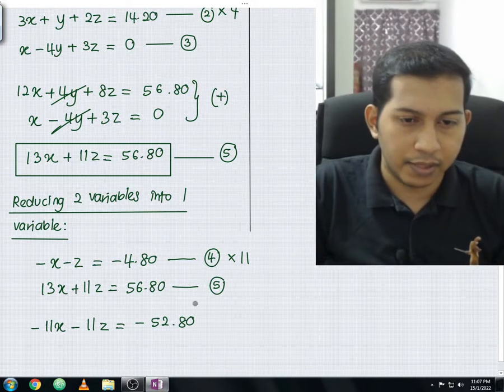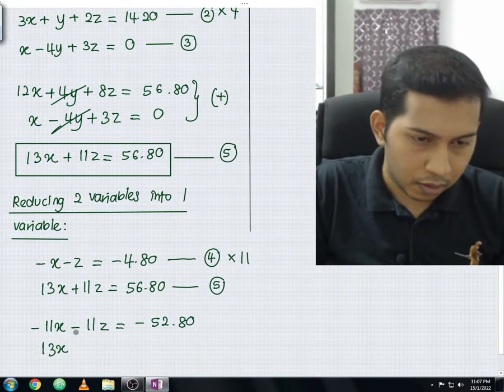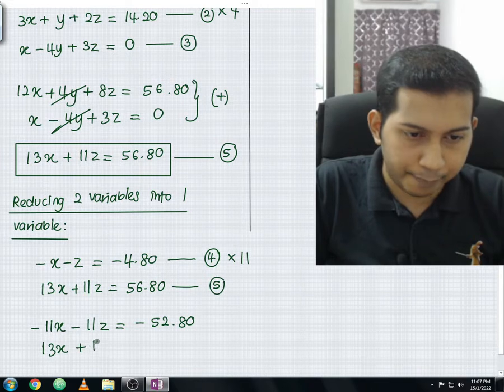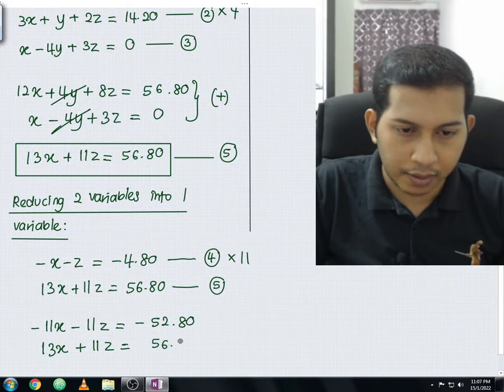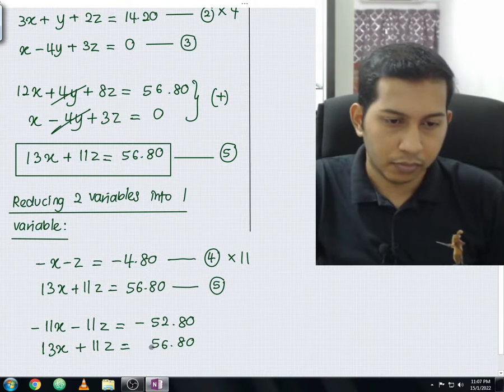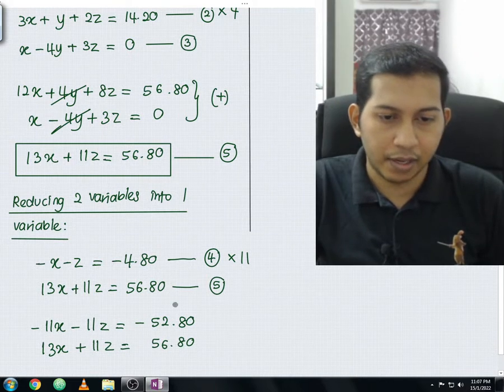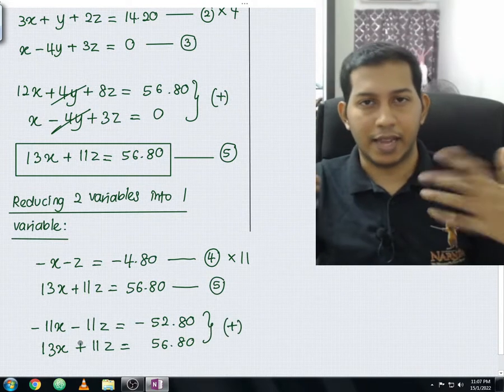Whereas this still remains the same, 13x plus 11z equals 56 ringgit 80 cent. In order to eliminate the z variable, these two equations you need to add them together, because minus and plus will get cancelled off.